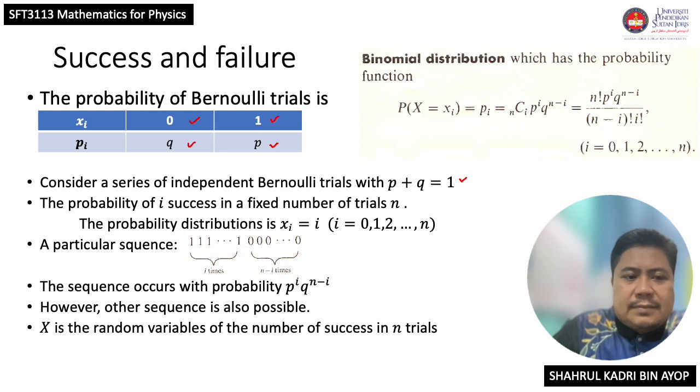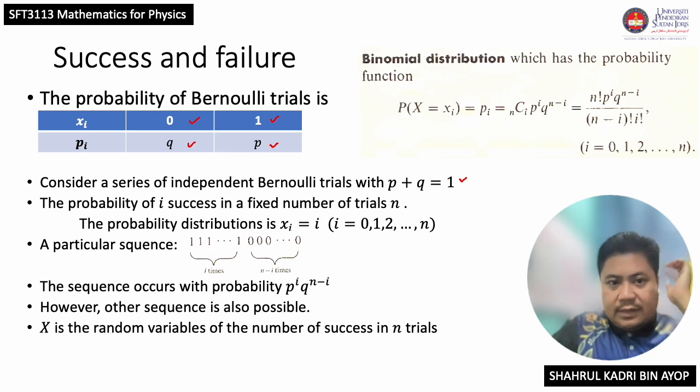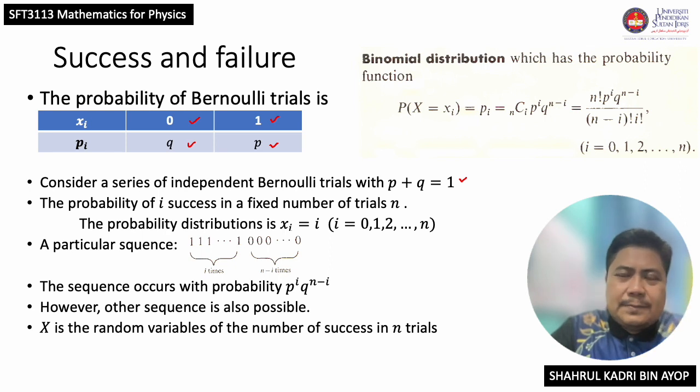For example, you have n spins of a coin. You may have, for example, heads, 1, for i times, and the remaining trials 0 0 0 for n minus i times.